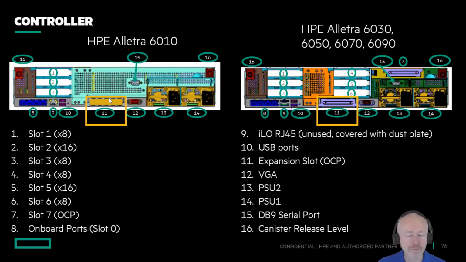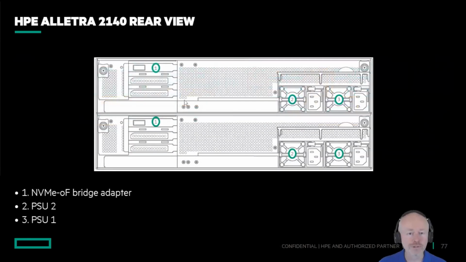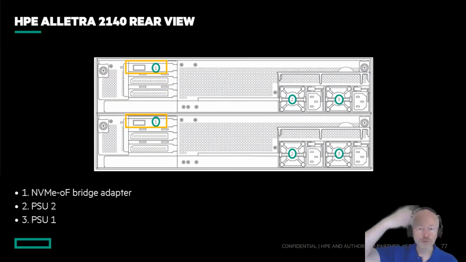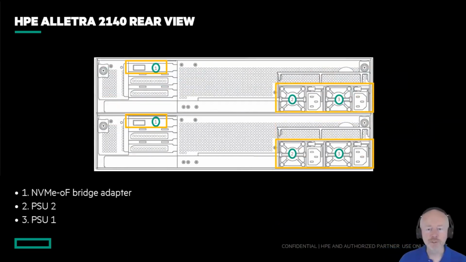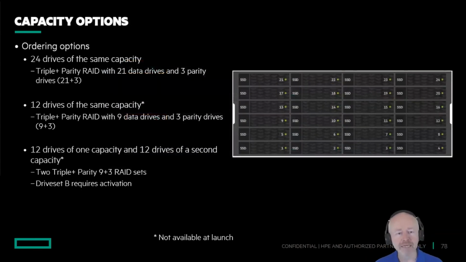That slot 11, the expansion slot, will be used to connect the 2140. The 2140 at the back looks like this: fewer PCI slots, 2 power supplies, a lot of cooling, and just a few PCI slots with that 100 gig connectivity towards my main controller. So it's the NVMe over Fabric bridge adapter. Those 2 ports will be used to uplink that Electra 2140 with your main Electra.